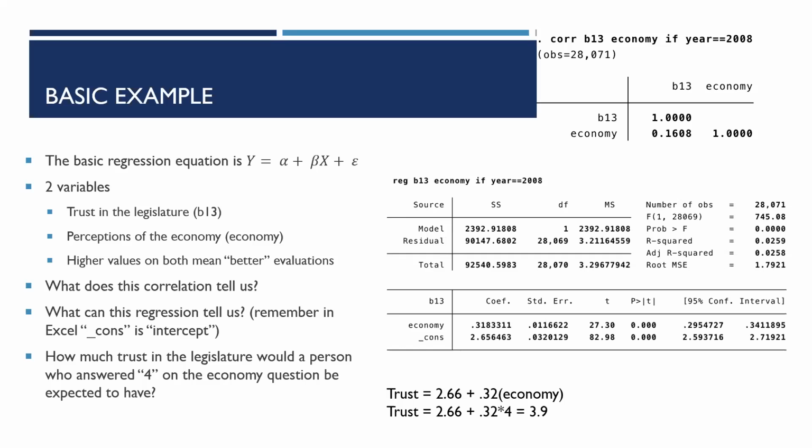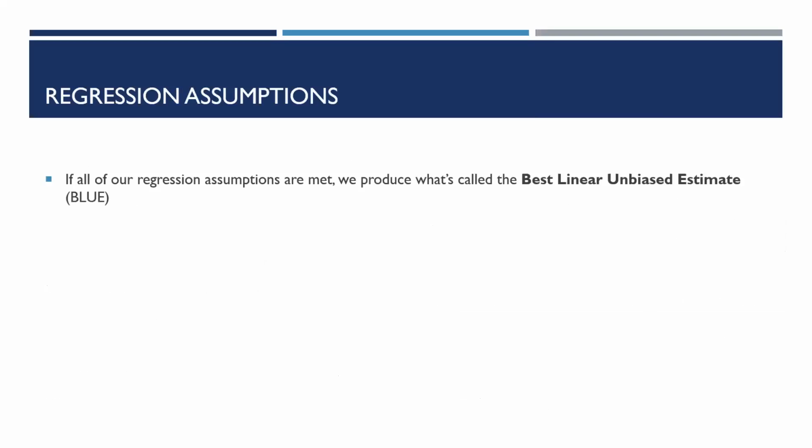That's the regression coefficient, times 4, which is our value of the independent variable. And then we're going to add that up. Okay, so that is at its most basic how we can use bivariate or multivariate regression to generate predictions. If you had more than one independent variable, you would just keep doing that, beta times the value for each variable in the equation.